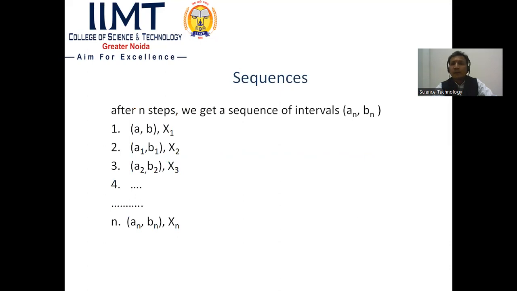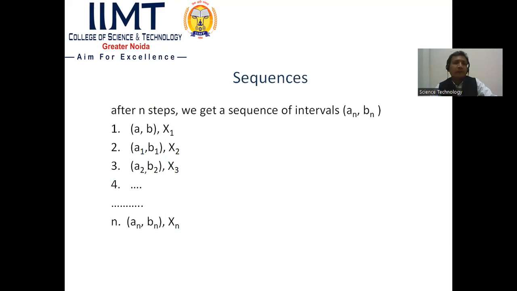So, as I told in last slide, at each step we make half of interval.